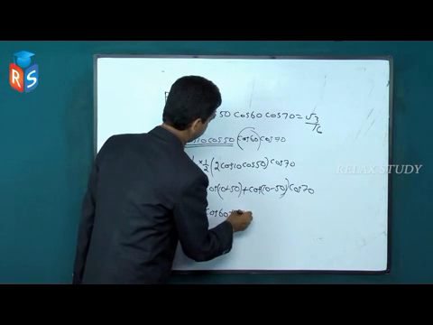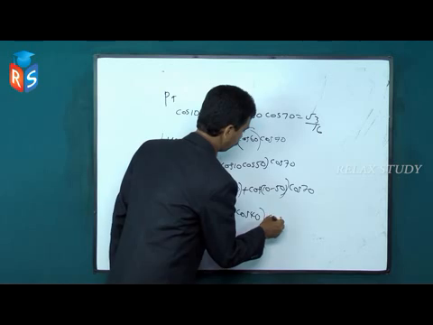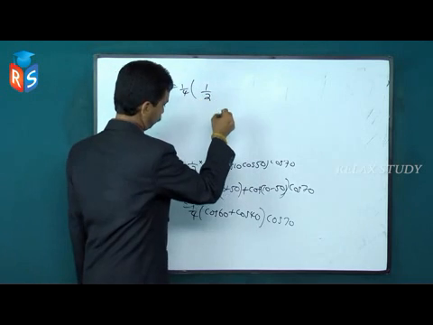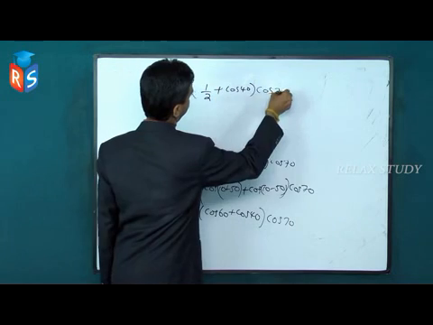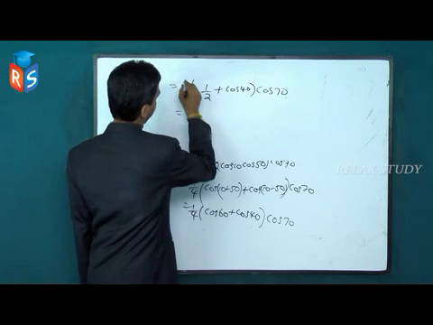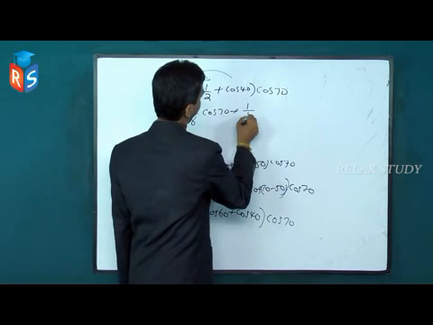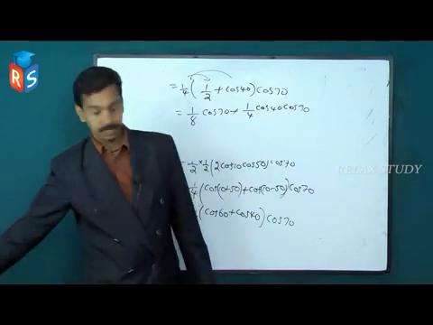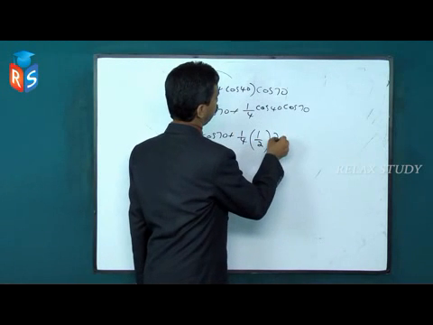Cos 60 plus cos 40, cos (minus theta) equals cos theta, into cos 70. Here also cos 60 is 1 by 2, plus cos 40 into cos 70. So multiplying, 1 by 8 cos 70 plus 1 by 4 cos 40 cos 70 equals, here also dividing and multiplying with 2.